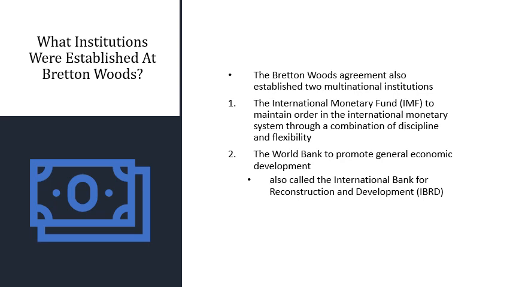The second institution that was established because of the Bretton Woods Agreement was the World Bank. Now, the fundamental task of the World Bank was decided to promote general economic development throughout the globe. It's also called the International Bank for Reconstruction and Development.